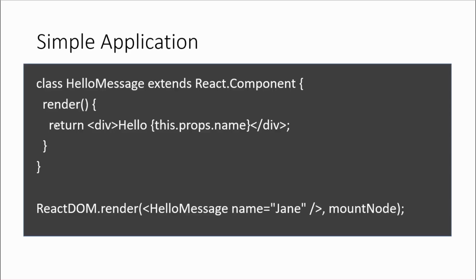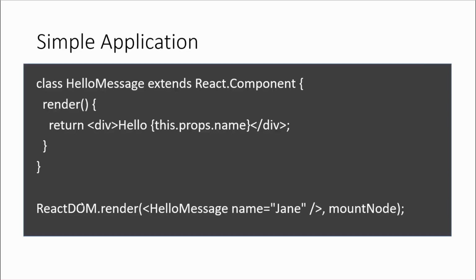There are many more, and you can create custom functions, but render is required. You can see we're returning what looks like an HTML element. This is actually JSX, JavaScript syntax extension, which I'll talk about in a second. Basically what we're doing is saying hello, and then we have this.props.name. This is a component property.